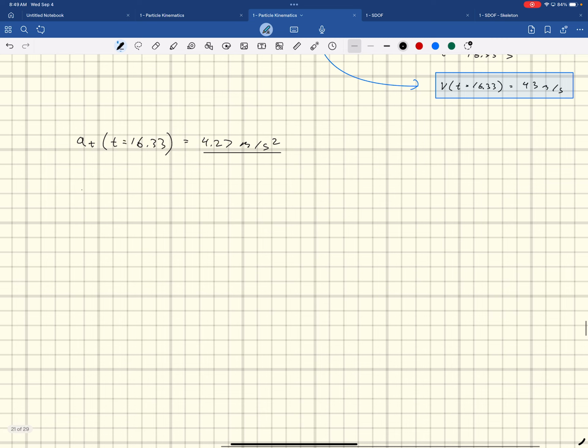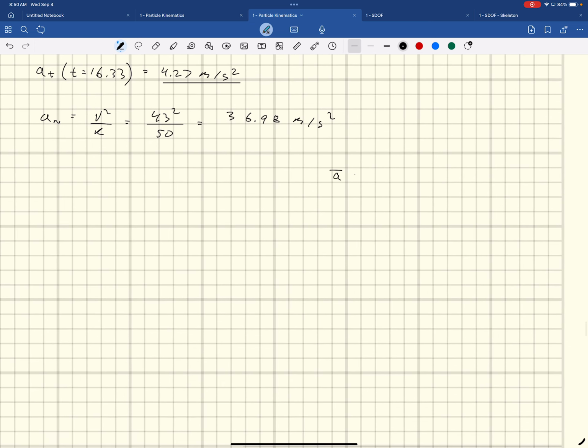And then my AN component is just going to be equal to V squared over R. In this case, this is 43 squared divided by 50. 36.98 meters per second squared. And so my total acceleration is going to be 4.27 in the ET direction plus 36.98 in the EN direction.